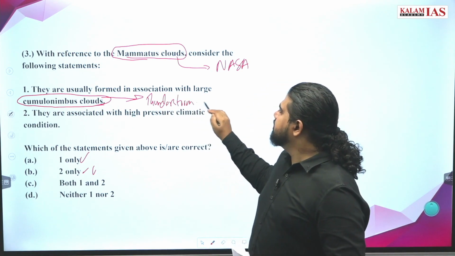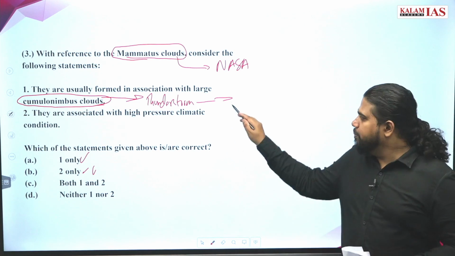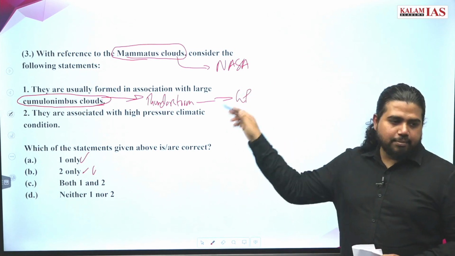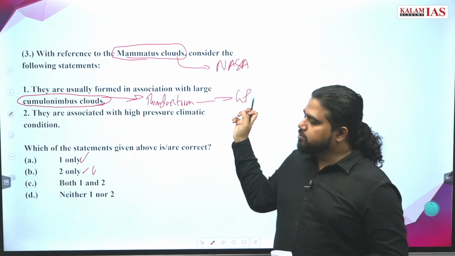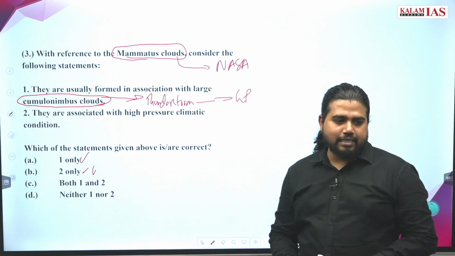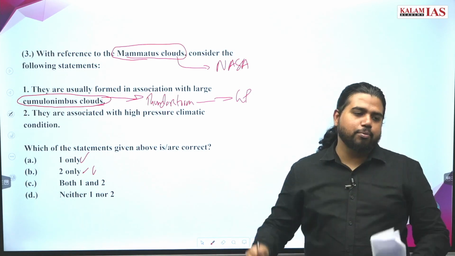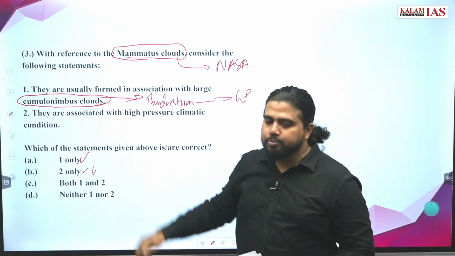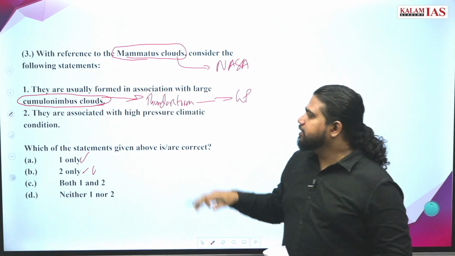Thunderstorm is associated with which kind of atmospheric condition? Low pressure atmospheric condition. There is atmospheric instability in that area, and due to this instability, rising of water vapor is happening. Due to this, adiabatic cooling and formation of clouds happen, and these cumulonimbus clouds are formed. So this much you can infer from the first option.